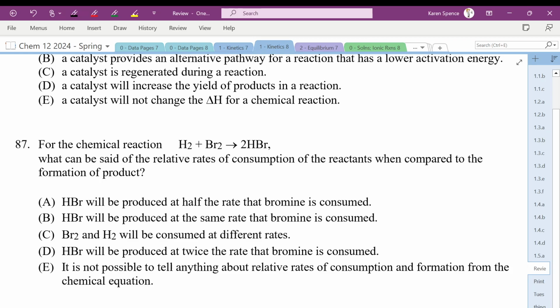Okay, so when we're talking about relative rates, we're always going to be looking at stoichiometry. So we're going to be looking at the ratio of coefficients.